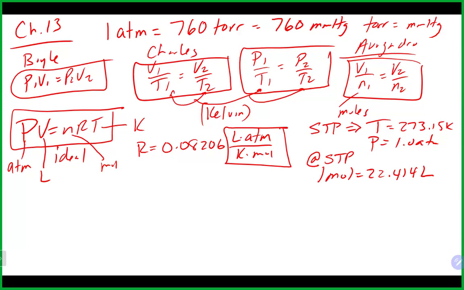What it often allows you to do is not have to use the ideal gas law. You can use it in place of the ideal gas law in certain situations, and those situations have to be STP conditions. If it is not STP, you should definitely never use that conversion. You should use the ideal gas law. In fact, you could always use the ideal gas law in pretty much any situation.